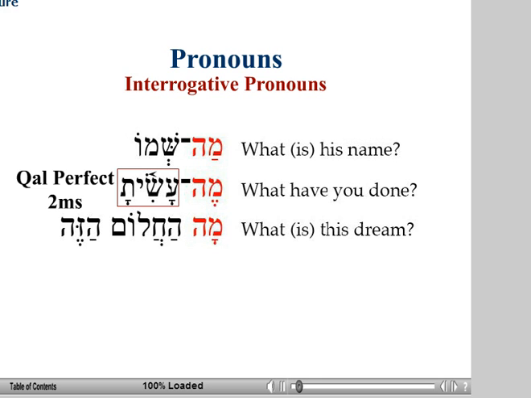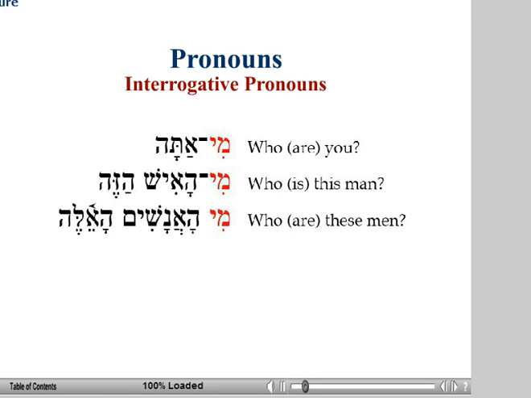Note that the interrogative is highlighted in red. The third example, mah hachalom hazeh. What is this dream? Study the last three examples. They are further illustrations of the use of interrogative pronouns, but the last three examples are with the interrogative pronoun mi, which translates who.